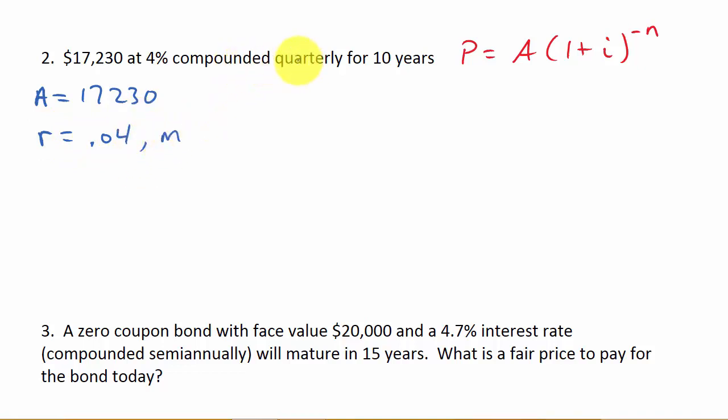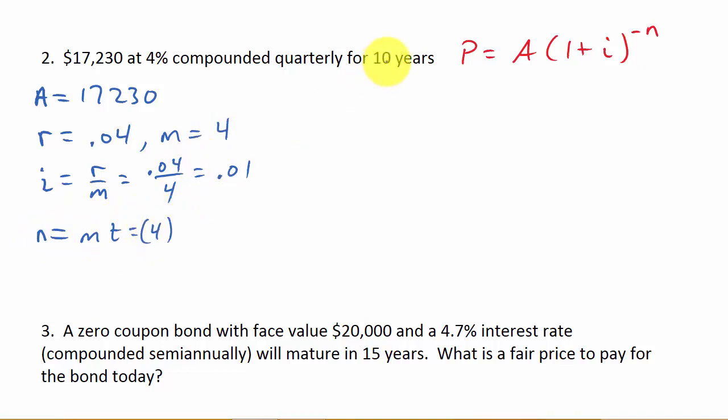M, compounded quarterly, so m equals 4. I is equal to r over m, which is 0.04 over 4, which is 0.01. And n is m times t, which is 4 times 10 years, and that equals 40.